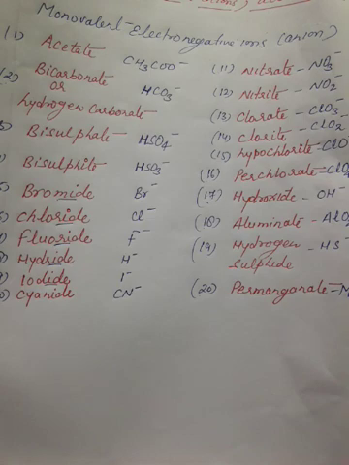So bisulfate HSO4 minus, bisulfite will be HSO3 minus. So this is an example of monovalent electronegative radicals. Next we will discuss divalent, trivalent and tetravalent. Thank you.